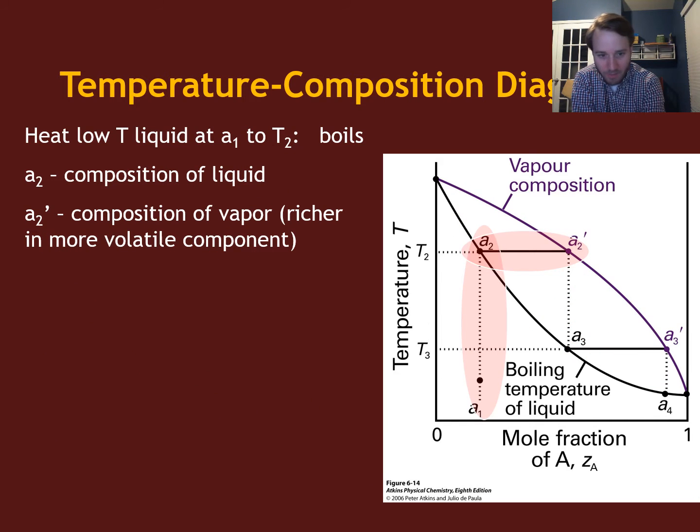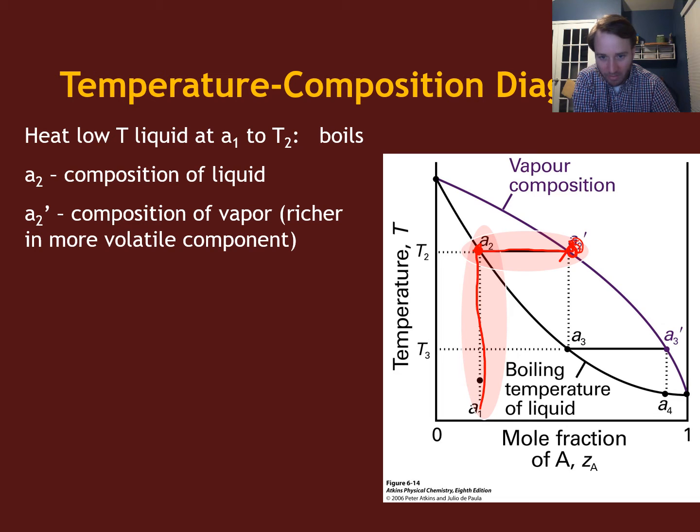So let's consider that we heat some liquid at point A1 until it reaches its boiling temperature and starts boiling off. When A1 starts boiling off, the temperature stays constant, and I'm converting my liquid phase to my gas phase.